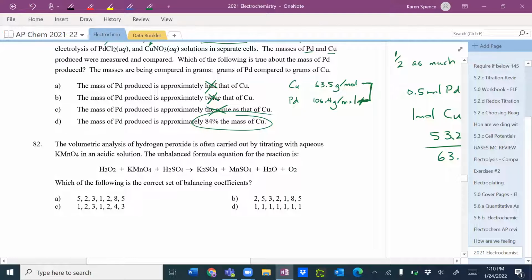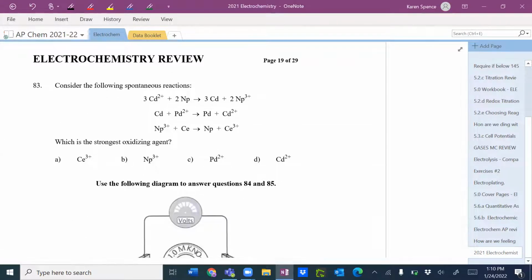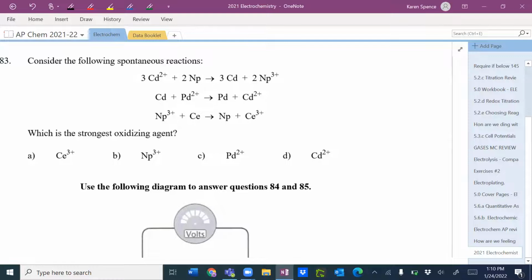Okay, 83. Consider the following spontaneous reactions. Which is the strongest oxidizing agent? Since these are all spontaneous, what that means is that these guys over here must have been stronger at their job, and these guys over here must have been weaker at their job.